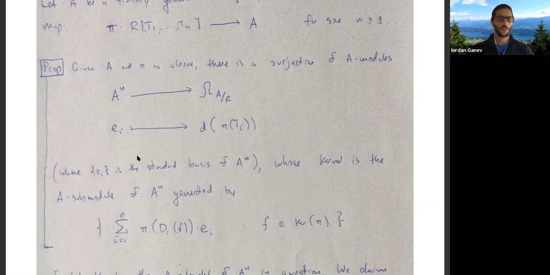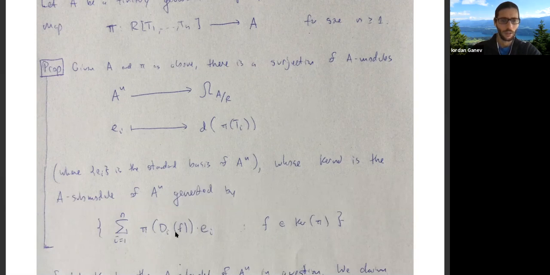So the kernel is an A submodule, and it's generated by the following things. It's generated by the following expressions for f inside the kernel of pi. You can think of the kernel of pi as the defining ideal for A. And for any f, we have the following elements.